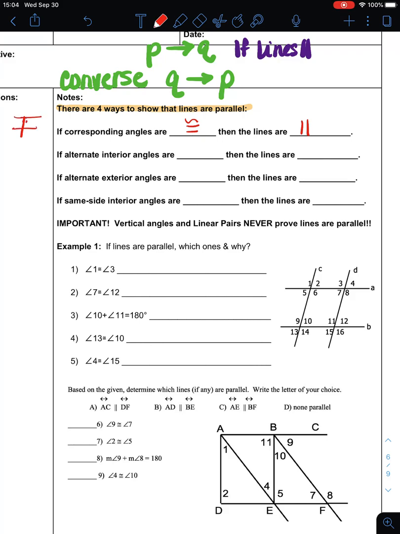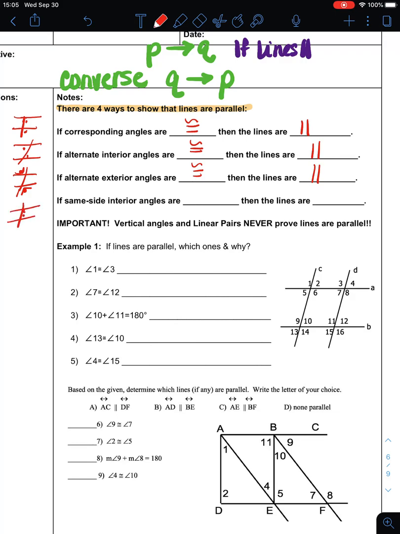If alternate interior, so remember corresponding angles formed that F, alternate interior angles form a Z, and if they are congruent, then that means that our lines are parallel. If I have alternate exterior angles, and I know that those alternate exterior angles are congruent, then that means that my lines must be parallel.